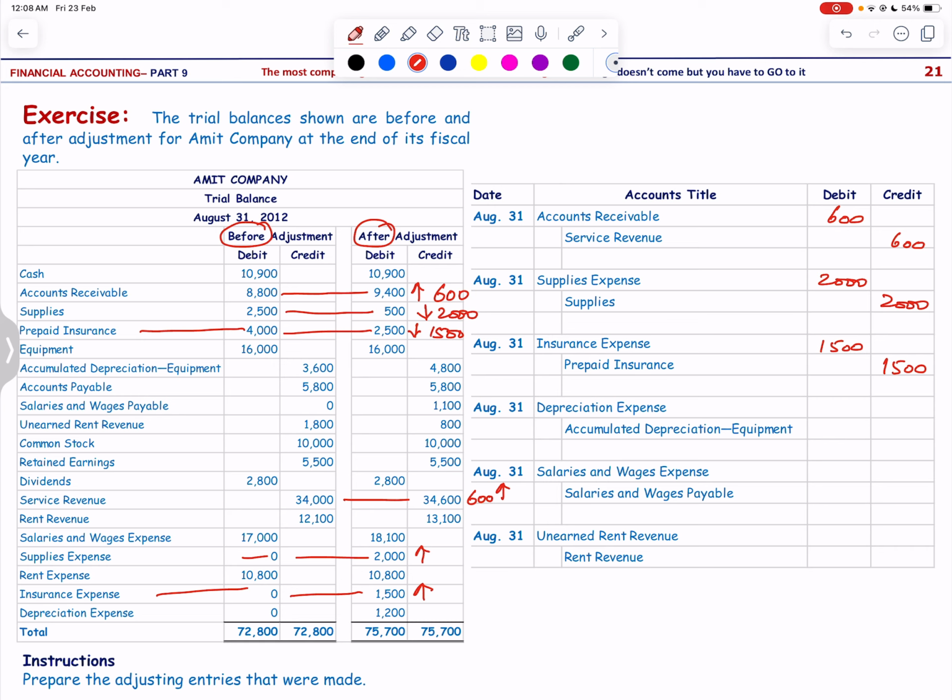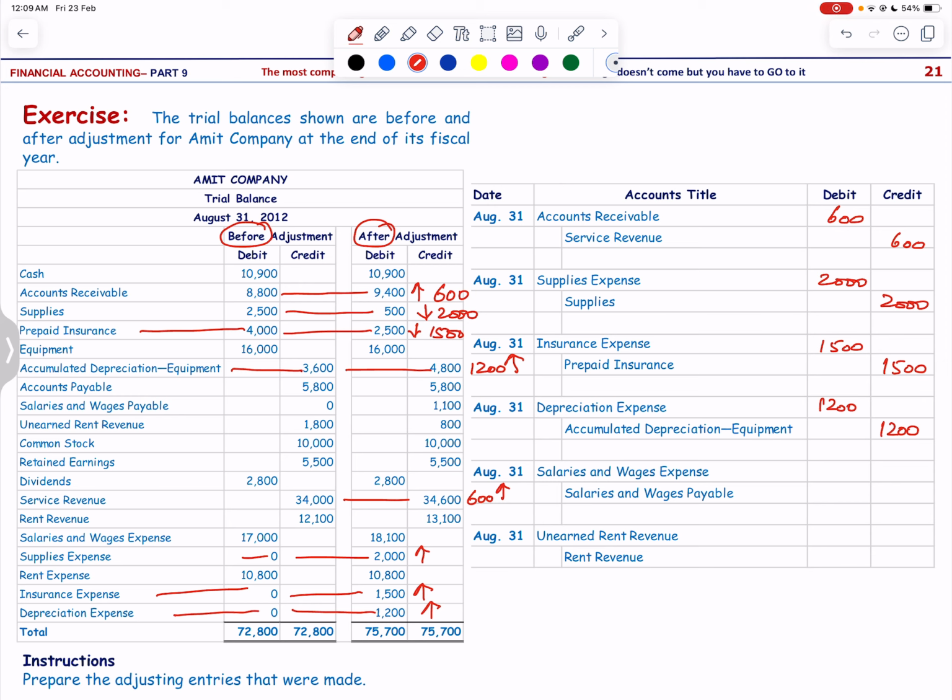Depreciation is interesting. You can see that we have accumulated depreciation, and this has increased by 1200. That means depreciation expense should have increased by the same amount, and you can see this has increased by the same amount. So depreciation expense is debit by 1200 and accumulated depreciation is credited by 1200.